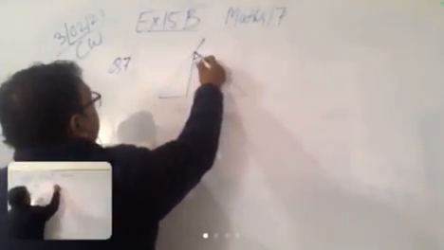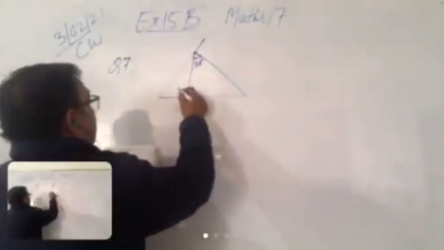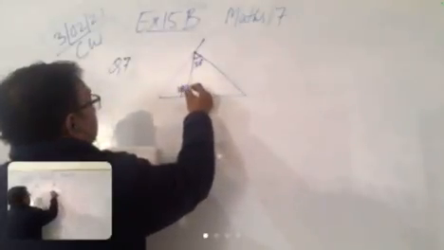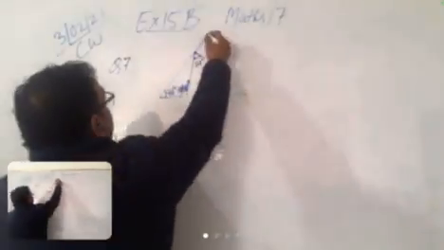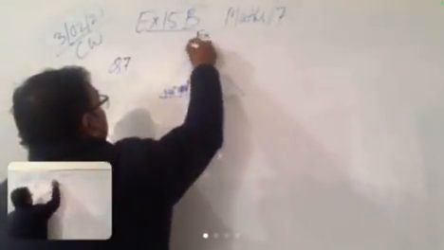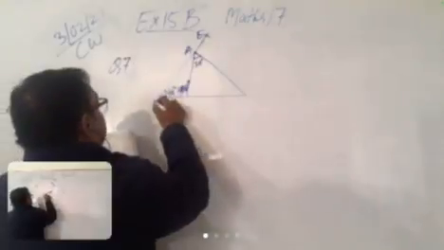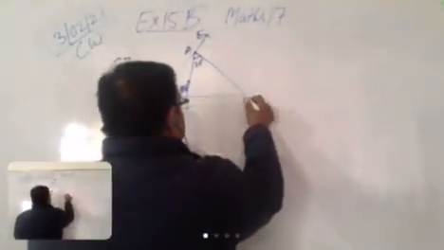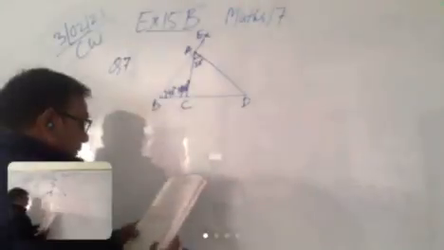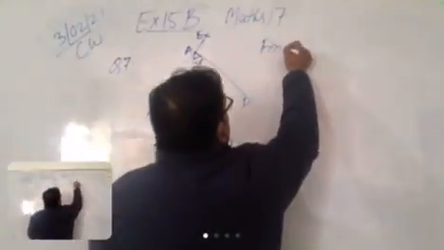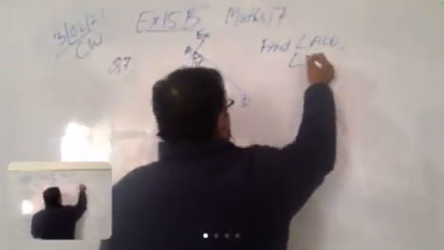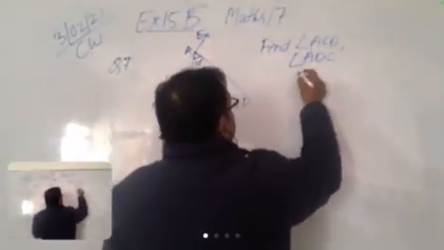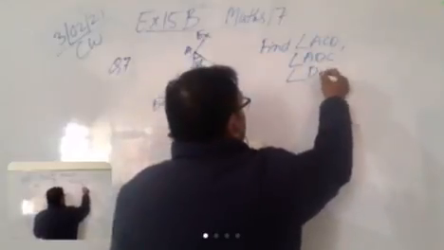This is 50 degree, this is 100 degree, sorry, this is 100 degree, this is 40 degree. So this is E, A, B, C, and this is D. And in this we have to find angle ACD, angle ADC, and third angle DAE.